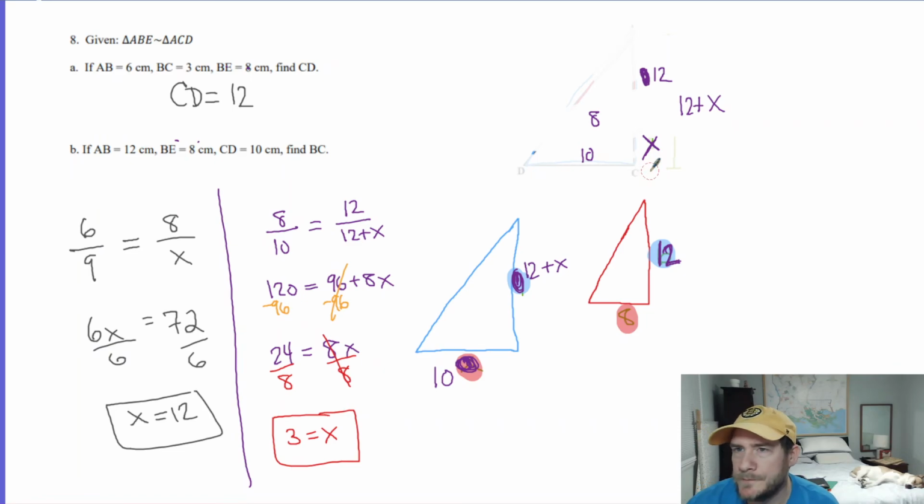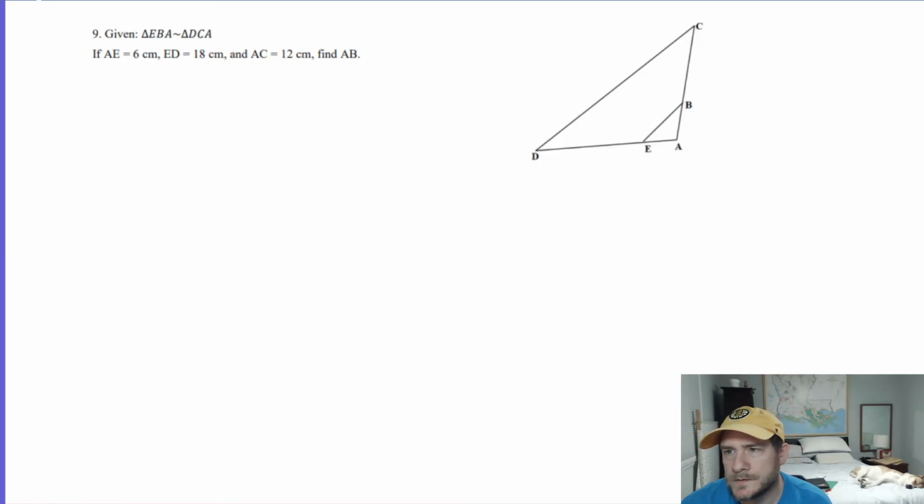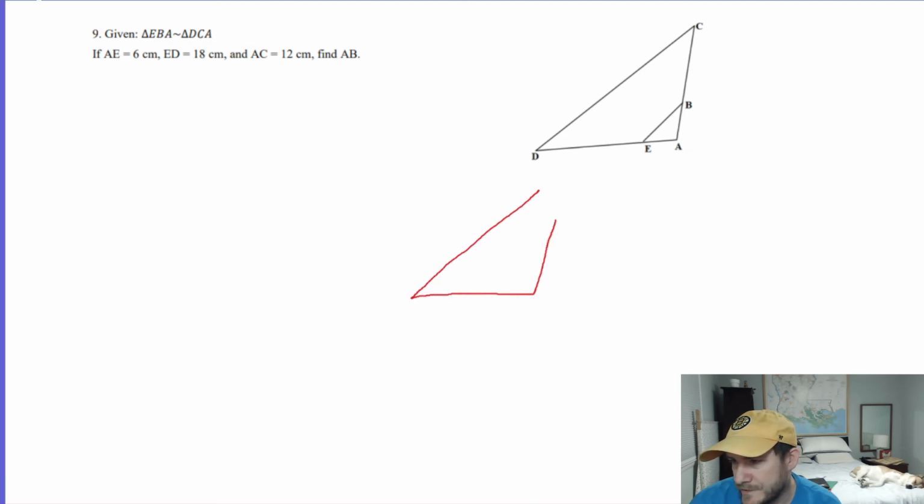Is there another problem, or are we done? There's another one. All right, and it's another one of these overlapping triangle problems. So my advice, as always, is draw the big one, draw the small one, and then label all your parts accordingly. So it says AE is 6.